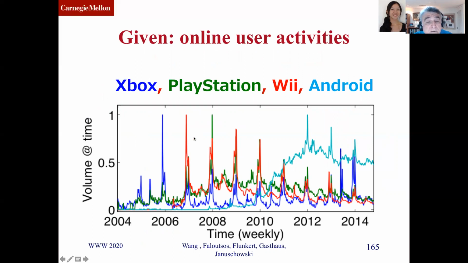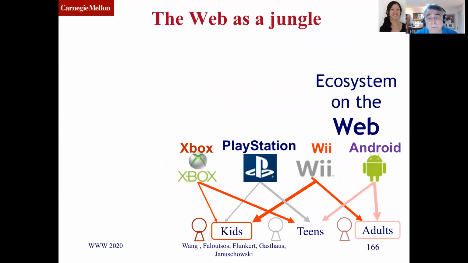The spikes, as you can imagine, are during Christmas. And to my surprise, there are also little spikes in May and more little spikes in September, which is surprising given that school starts. So the goal is, if we believe that there are Volterra-Lotka equations among these competing products, can we guess how they will evolve in the future?